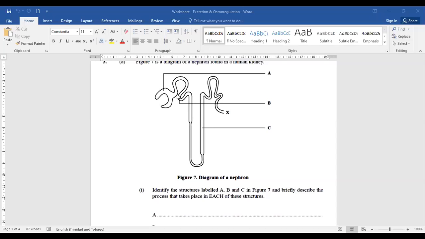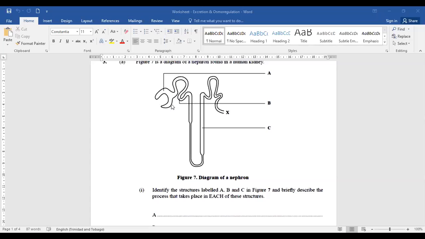So glucose, salts, water, all of these are molecules small enough to fit through the spaces in order to enter into the nephron. So that's why those substances are all there. You have water, glucose, salts, and even urea as well.